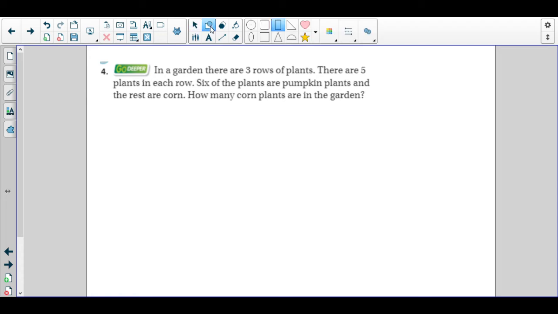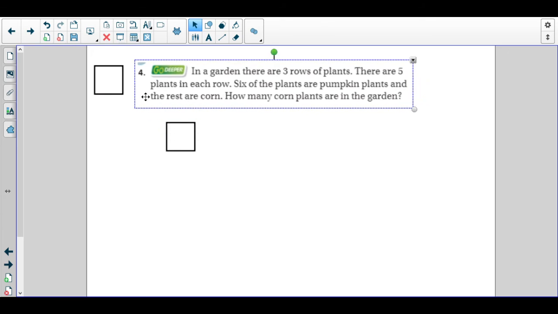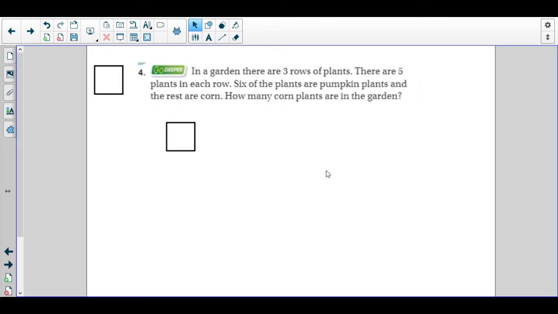Well, let's see here. We've got 3 rows of plants. So let's go ahead and get 1, 2, and 3.